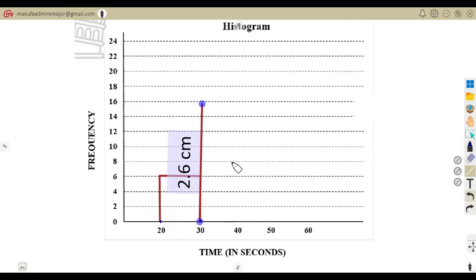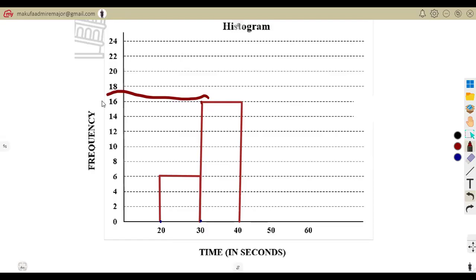We do the same thing at 40 up to 16. You guys are supposed to do something neater than the one that I'm having here, something presented better. 30 to 40 corresponding with 16. The bar is supposed to go to 16.